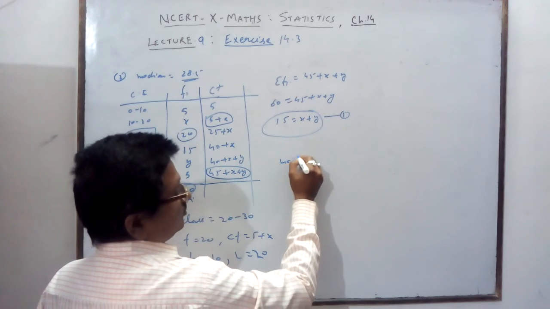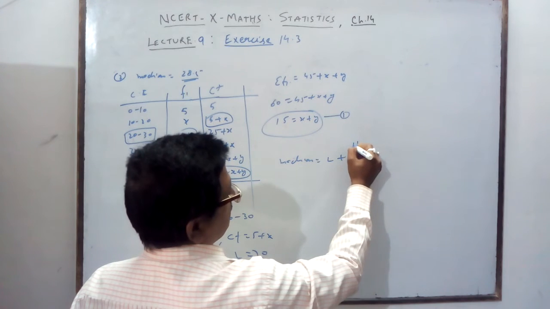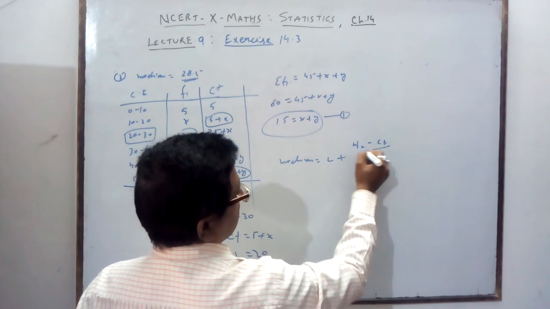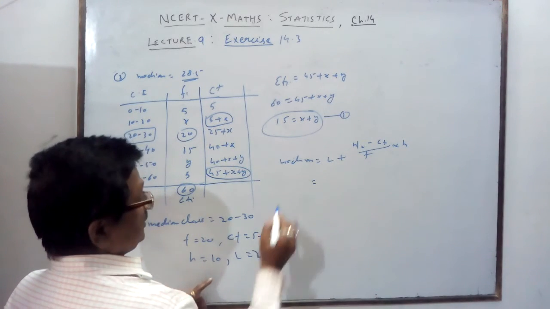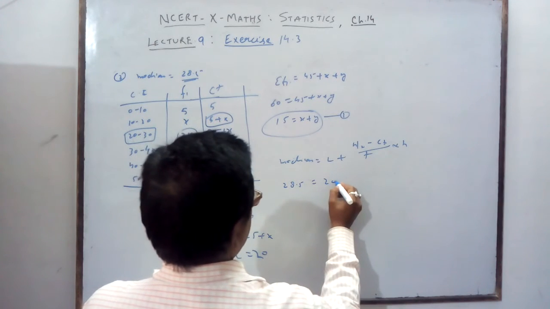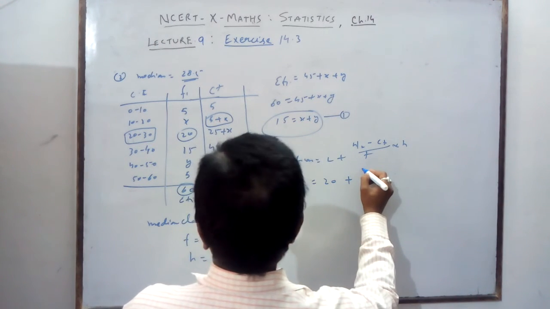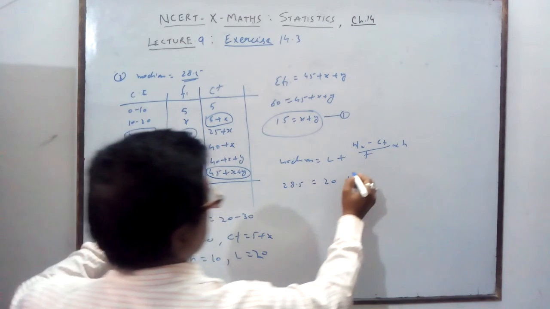Median is equal to L plus N by 2 minus CF by F into H. L is given, what is the median? 28.5. What is the L? 20 plus N by 2. N by 2, you will write 60 by 2.